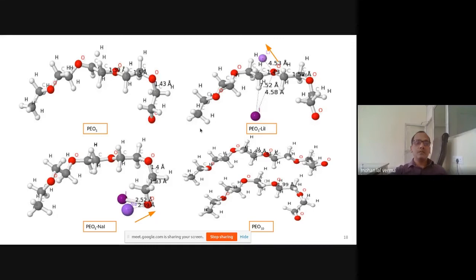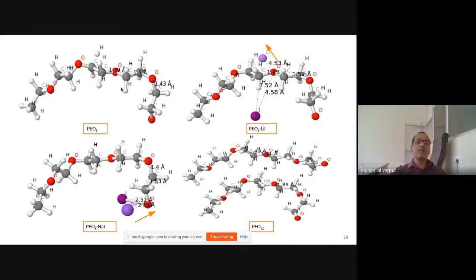Now the second part, where in place of silver iodide, we shifted to sodium iodide and lithium iodide, because lithium-ion and sodium-ion conducting batteries and related electrochemical devices are in the picture at present and abundantly used in our daily life appliances. So we tried the same study for lithium iodide, using a similar methodology.